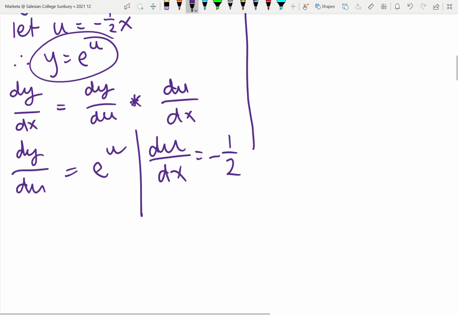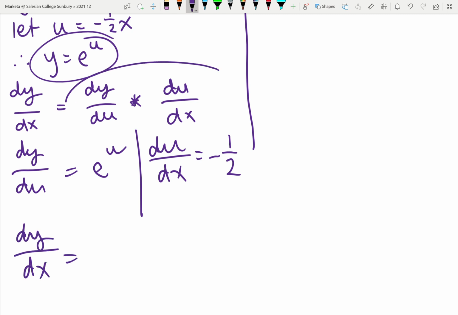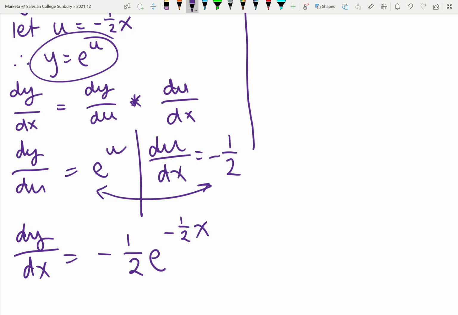Now we can say dy over dx equals dy over du times du over dx. So we're just multiplying these two together. So it's negative half e to the u, and of course u is negative half x. So this would be our answer. This is the derivative.